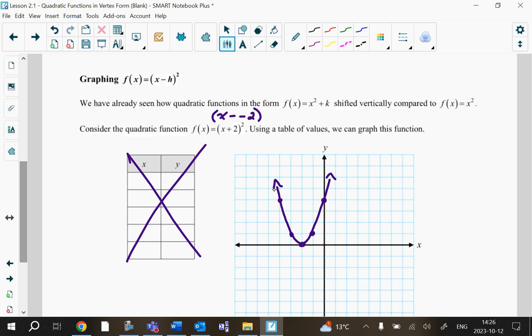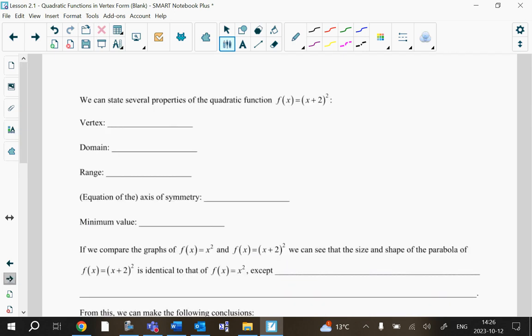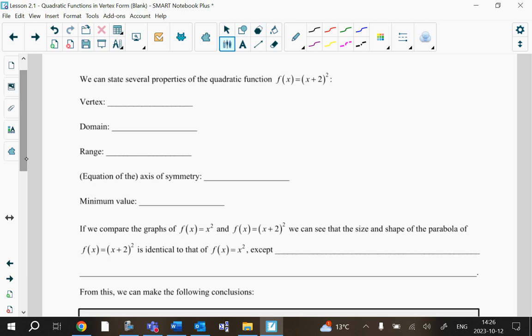Okay, just for a little bit of practice from yesterday, the one that we just graphed, what's the vertex? Sorry? 0, 2? What's the vertex of the one we just graphed? Negative 2. I'm asking for a point, you guys.